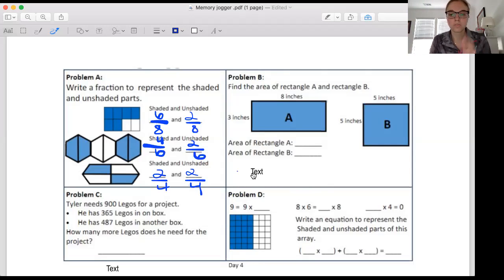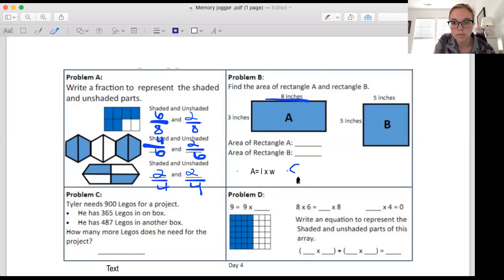Now let's move on to problem B. We know that our area equals length times width. So for rectangle A, we have our length, which is going to be 8 inches.